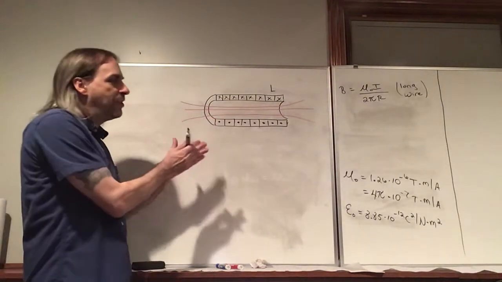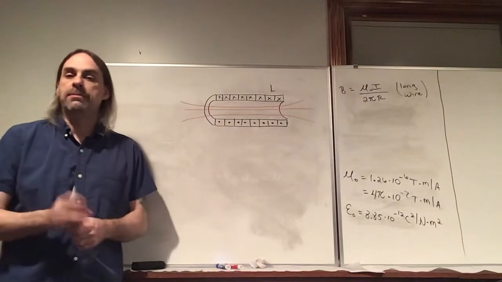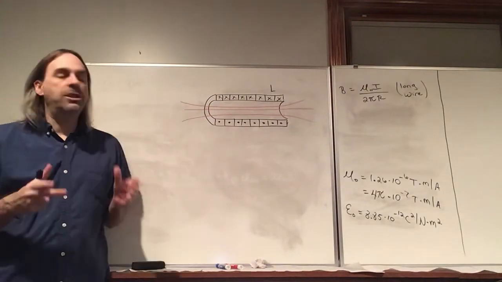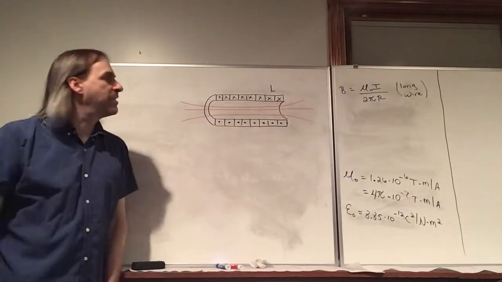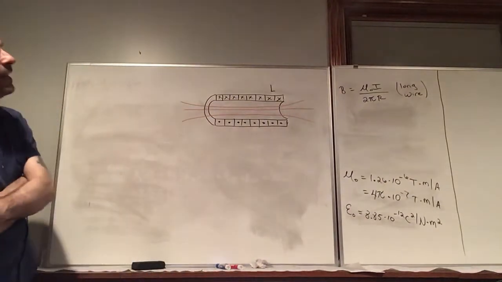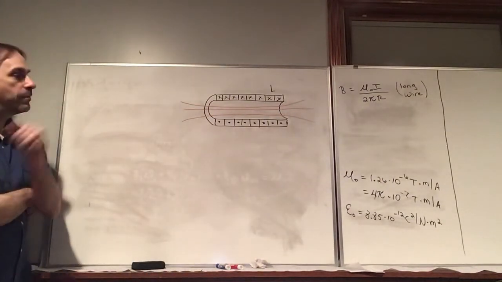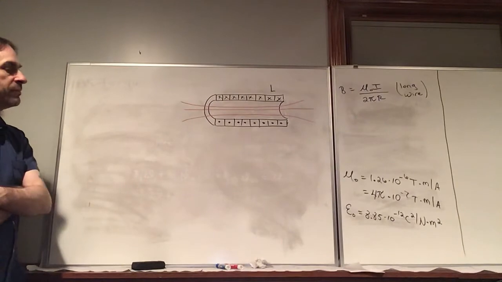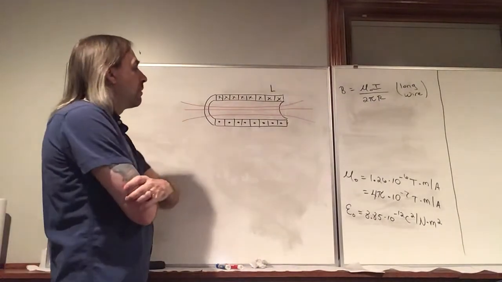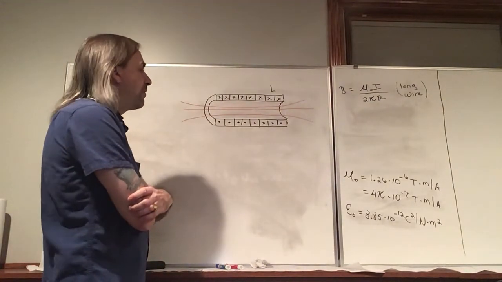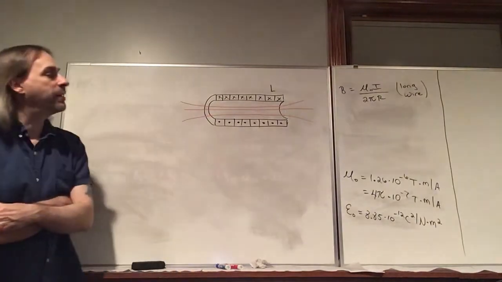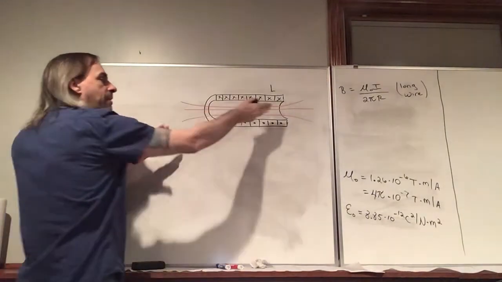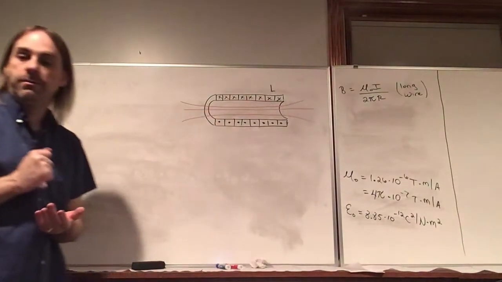When you get near the edges, they spread out, and that complicates matters. So let's say we have a long solenoid. We want to know what the magnetic field is inside. Let's say we can ignore edge effects, we'll just stay away from the edges, or say it's so long that the edge effects are insignificant.